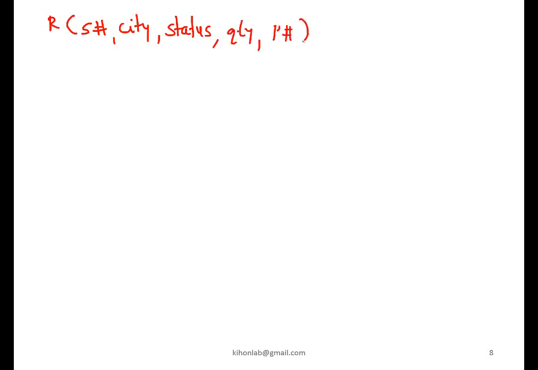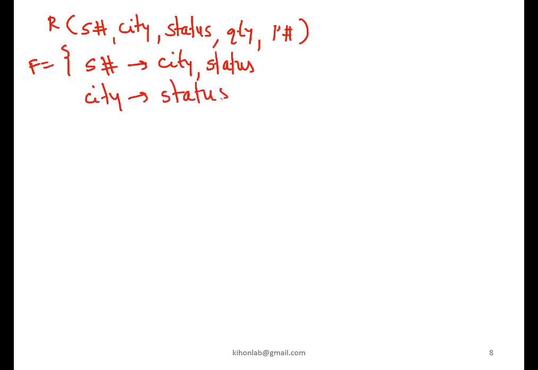Here we can see an example. We have the relation R with the attributes S hash, CT, status, quantity and P hash, with the functional dependencies F equal to: S hash derives CT status, then CT derives status, and S hash P hash derives quantity.